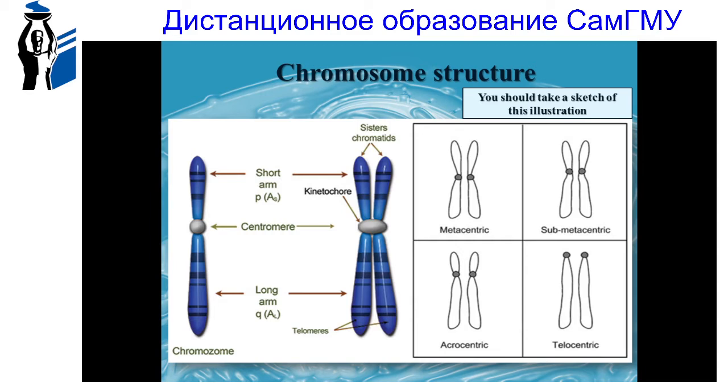At the metaphase stage of mitosis, chromosomes consist of two longitudinal copies called sister chromatids, which are formed during replication. In metaphase, sister chromatids are joined at the primary constriction called the centromere.